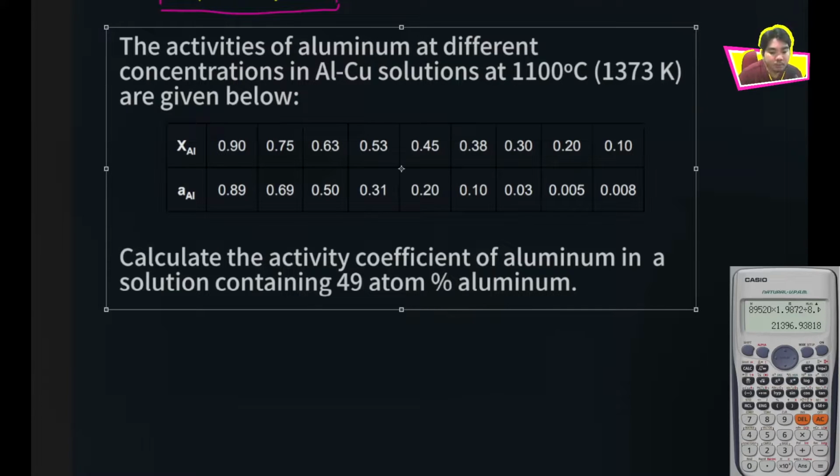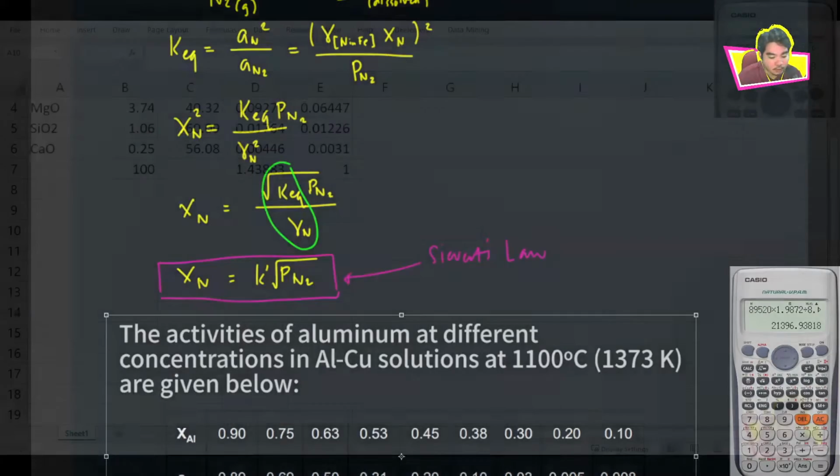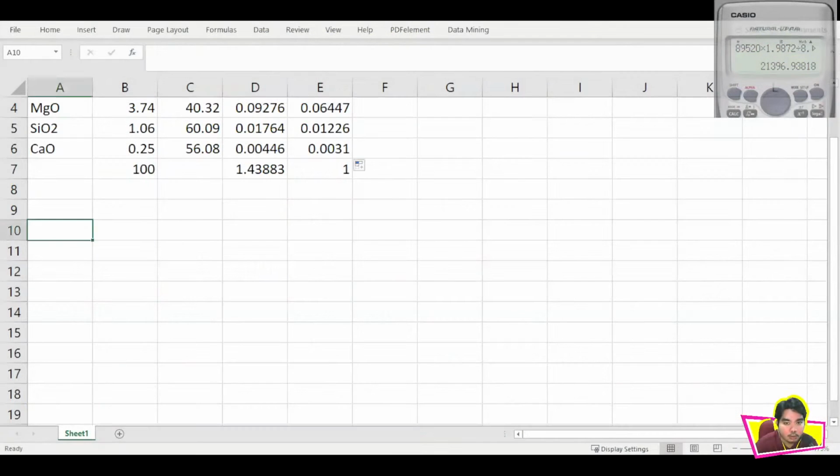Okay, so that's just saying 49 atom percentage, just 0.49 molar fraction lang din. So to compute this, kailangan lang natin gawin is actually ipa-plot lang natin 'to. No? So if we take Excel, hindi pa tayo sa Excel. So the way we approach this problem is, okay, kita naman no, yung Excel ko.